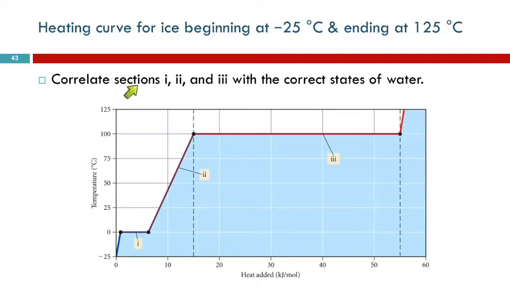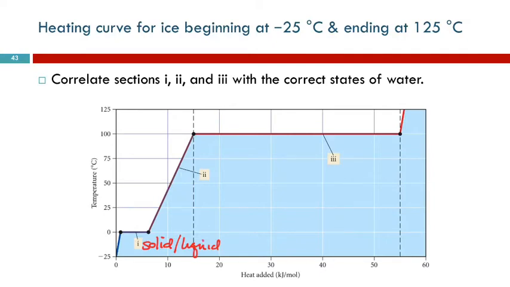So correlate sections 1, 2, and 3 with the correct states of water. Well, section 1, what is the state of water in this section? It's going between a solid and a liquid, right? So this here is a mixture of solid and liquid. What about section 2?